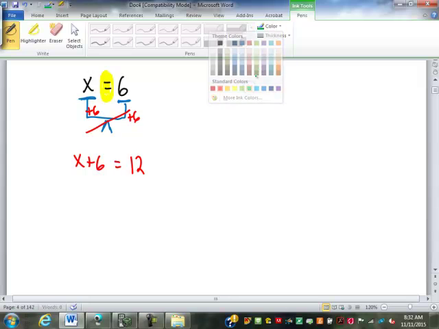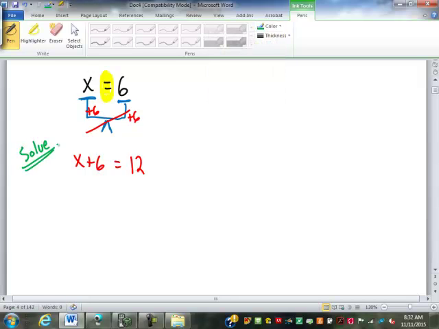Now what we're going to be doing most of the time is we're going to be given this command, solve. What they're asking us to do is to take this equation here and take it back apart and get it back into this form. Well, this equation was built by adding 6. How are we going to take it apart? Subtract 6.